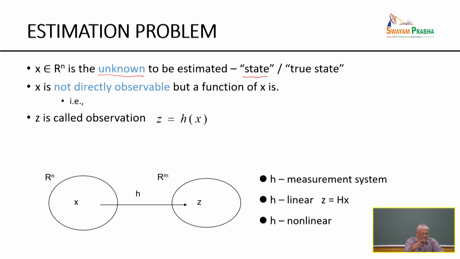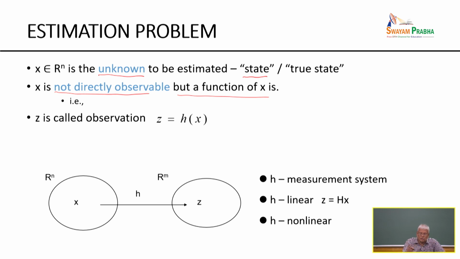She doesn't reveal her true state, but she indicates her state through observations. So X is not directly observable, but the observations are a function of X. They are not directly related to the state itself, but a function of the state.